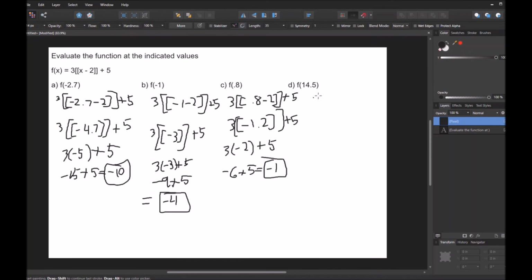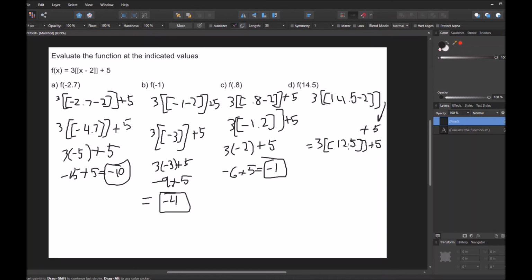And now in this last one over here, we're going to have 3 times 14.5 minus 2, and then plus 5. And so when we rewrite that, that's 3 times 14.5 minus 2 is 12.5, and then plus 5.